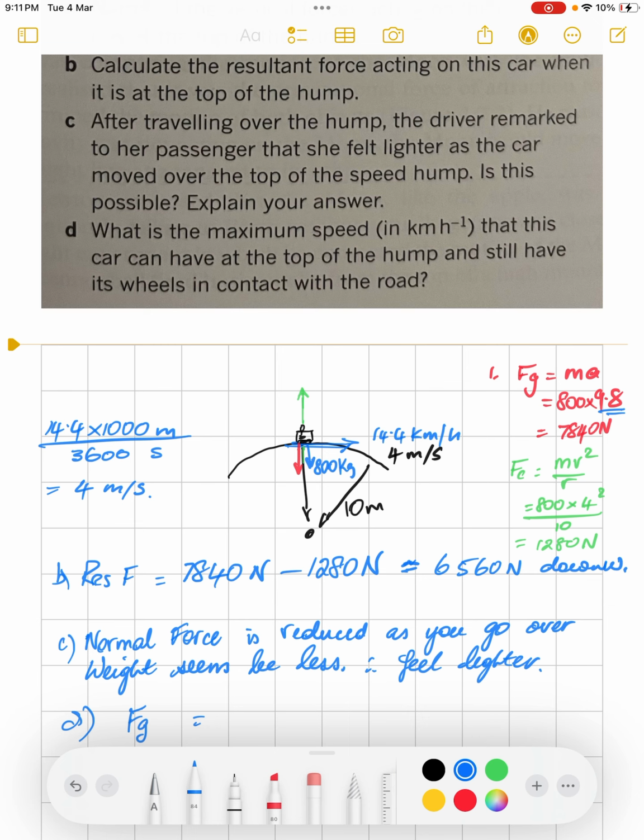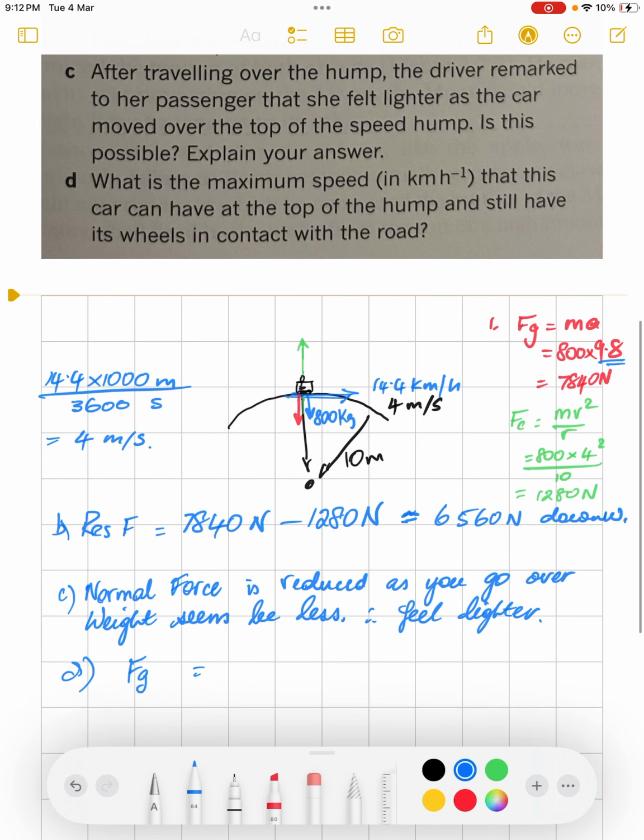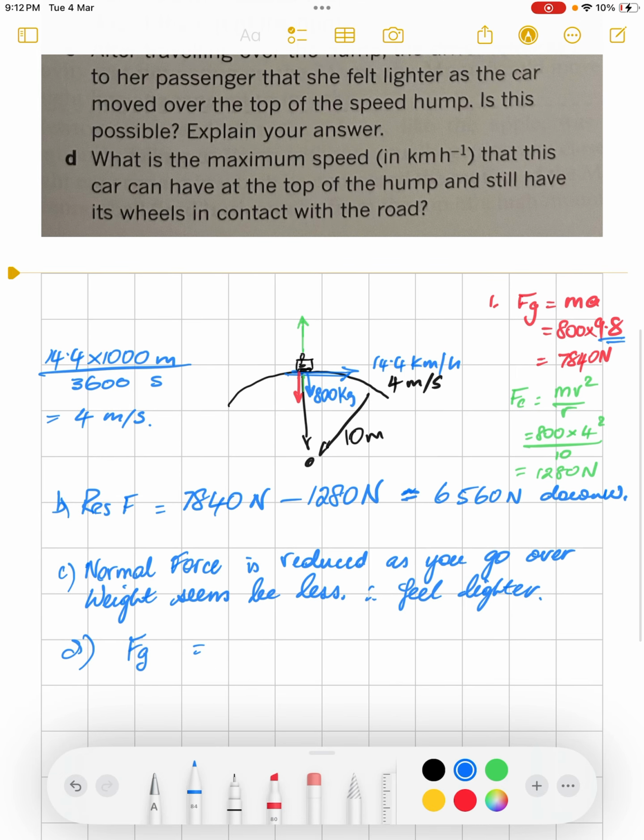And so at that point, the car seems weightless and it can actually lift off, but then it's going to drop back down.